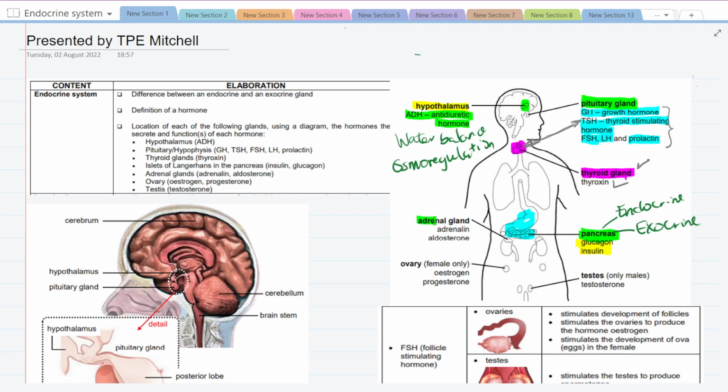Your adrenal gland is found just on top of your kidneys right there. These are your adrenal glands, and what they do is they secrete two hormones. One, which we call the fight or flight adrenaline hormone, as well as the aldosterone hormone. Now, aldosterone hormone is responsible for salt balance, right?